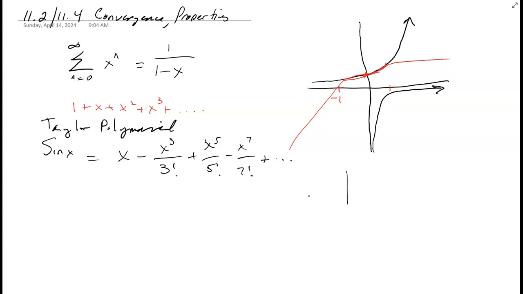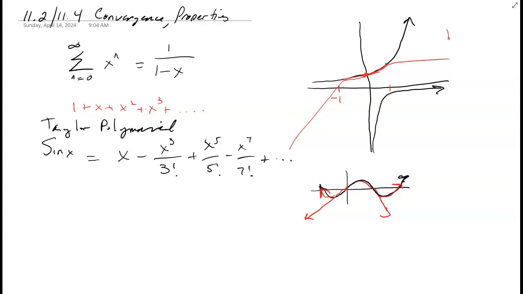In this case, as we added more terms to our sine function, centered at 0, the more terms we added, the more it wrapped around. Maybe it wrapped around here, but as I added more terms, it continued to wrap around the function. So these are two different types of convergence.